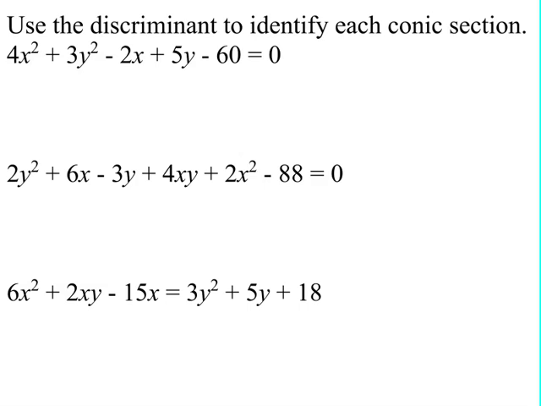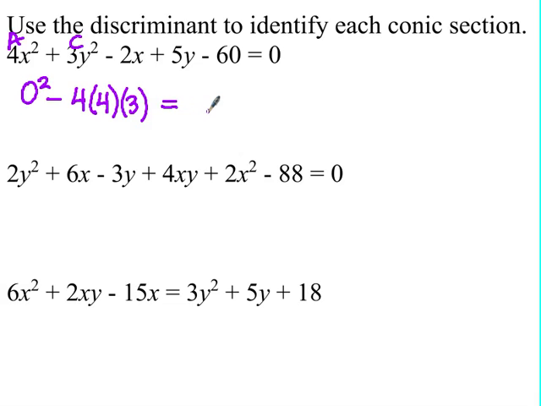Because B is xy. So B squared, so I have 0 squared minus, A is 4, C is 3. So 0 squared minus 4 times A times C. So what do I get?